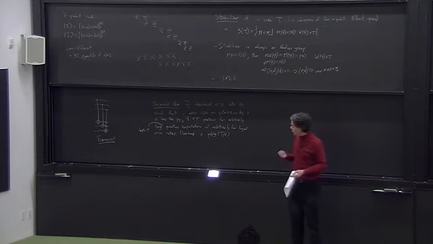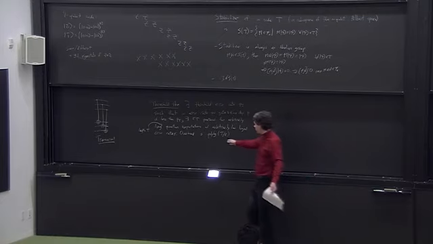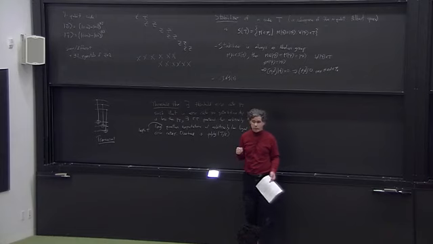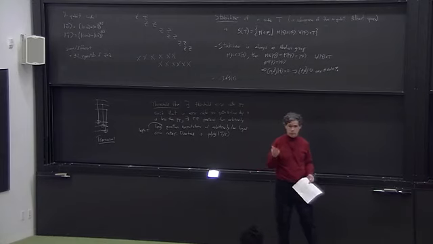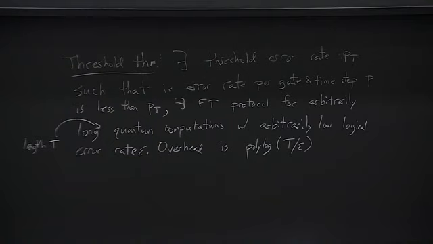OK. Now, in practice, the numbers are still pretty large, right? This is a big O notation, so I've suppressed the constants, which for reasonable size means you have to blow up by, say, 1,000 qubits or more. So that's a pretty big cost in practice.